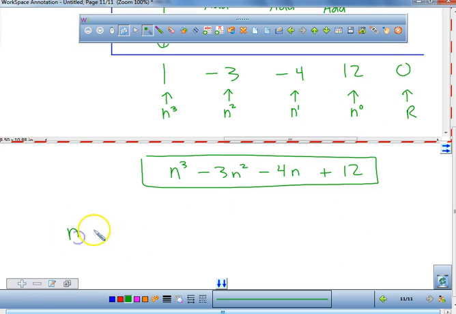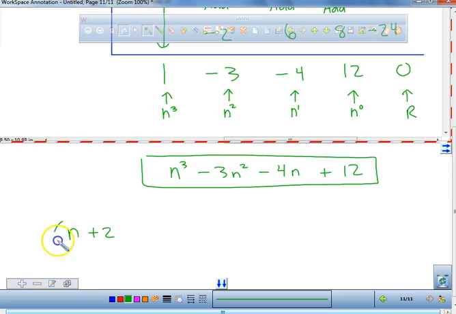If I take n plus 2 and multiply it times n cubed minus 3n squared minus 4n plus 12, if I took the time and energy to multiply this binomial with this polynomial, you're not going to believe what your final answer would be.